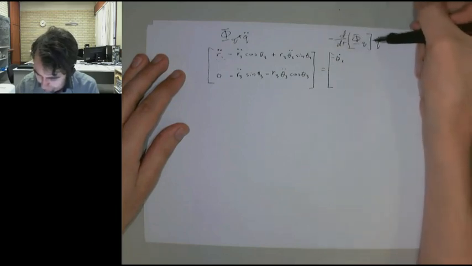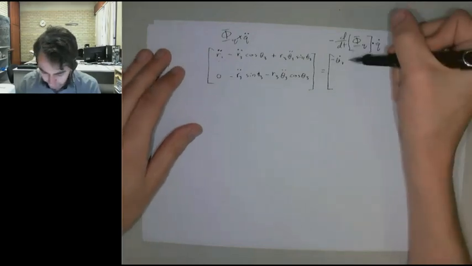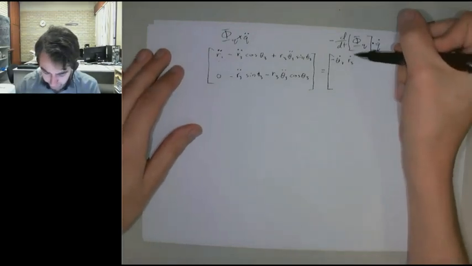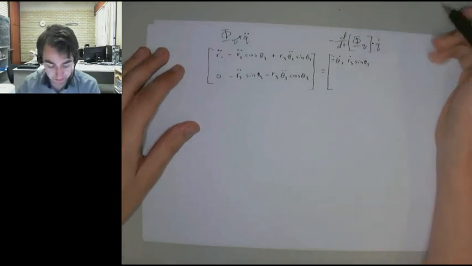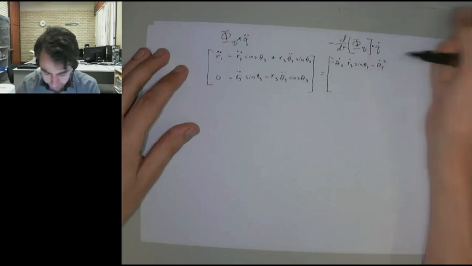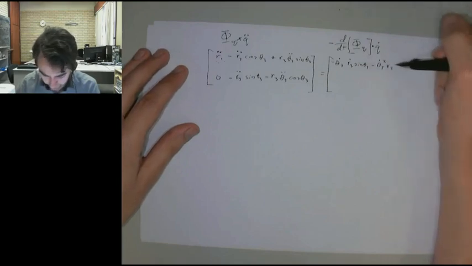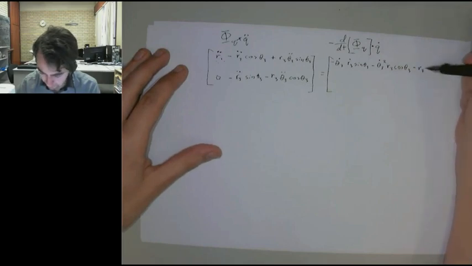Like this. And yep, this one will be R3 dot, theta 3 dot, sin theta 3, and just expanding the brackets from the previous one, we'll get this term here, and this term here.